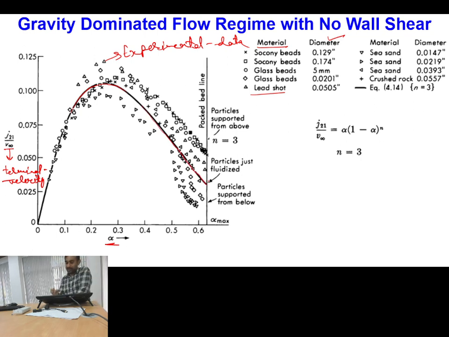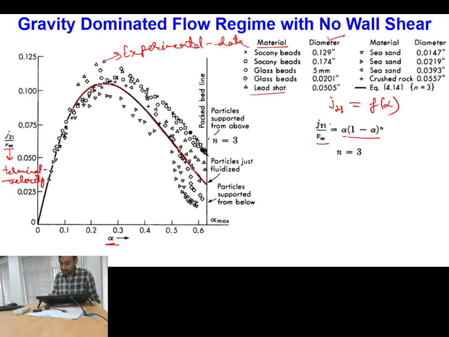Here you can see J21 by V infinity is equal to alpha into (1 minus alpha) power n. In the last slide I simply told you that J21 will be a function of alpha. What exact functional relationship exists is something people have determined from experiments.